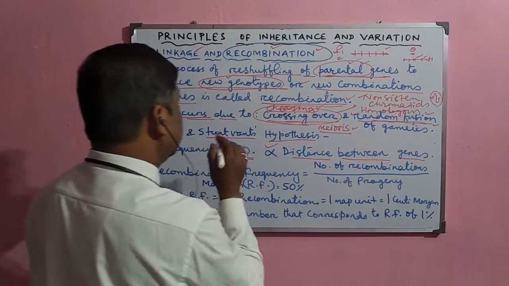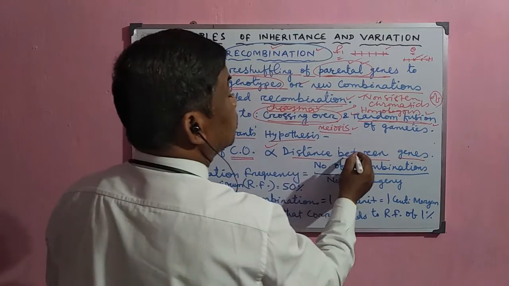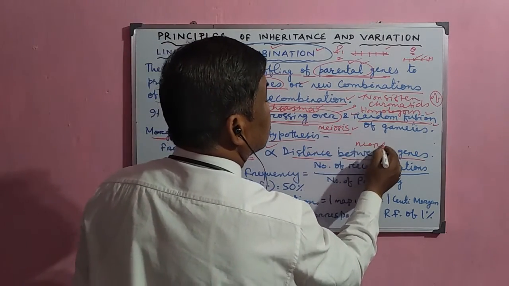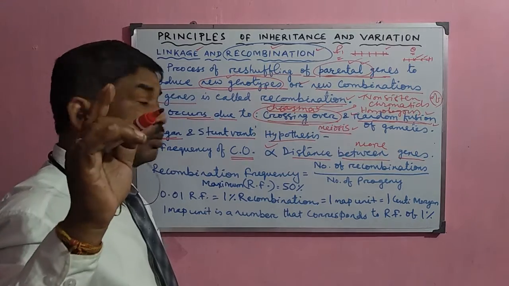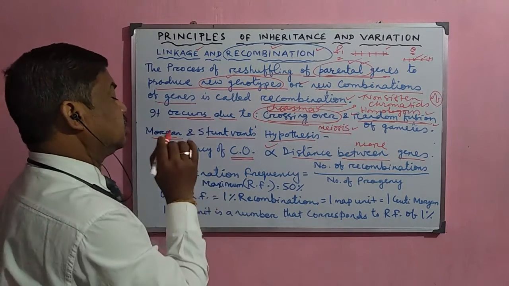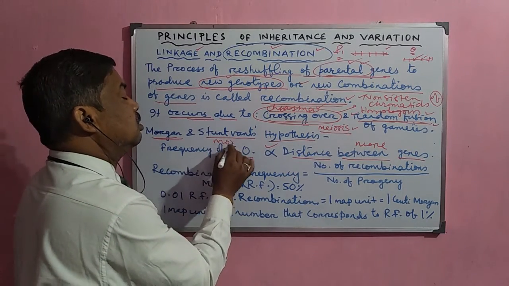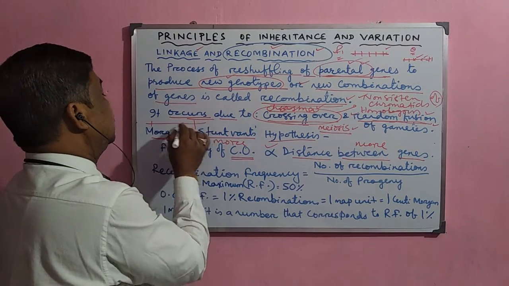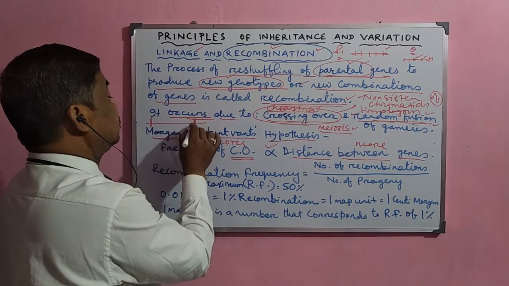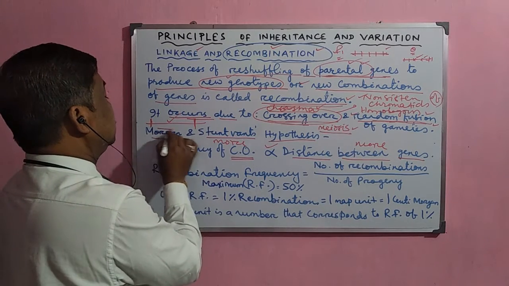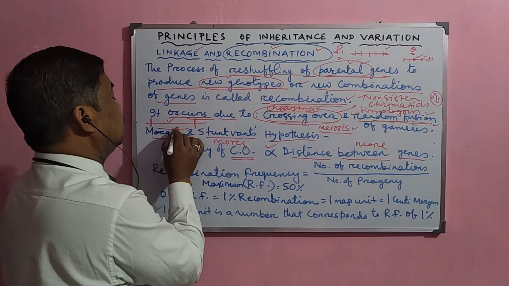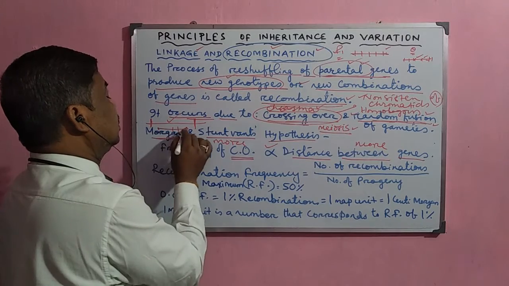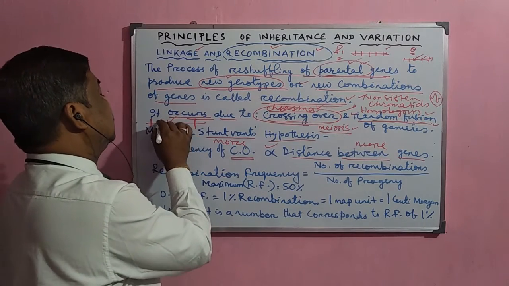That means if the distance between the genes is more, then the frequency of crossing over will be more. So if two genes are wide apart from one another, the chance of crossing over is more, and if the two genes are closely present, then the chance of crossing over is less.